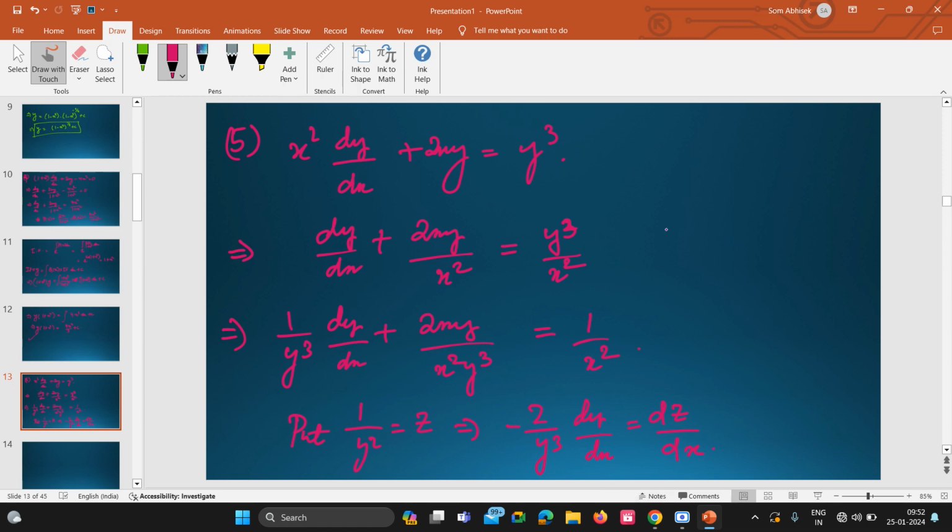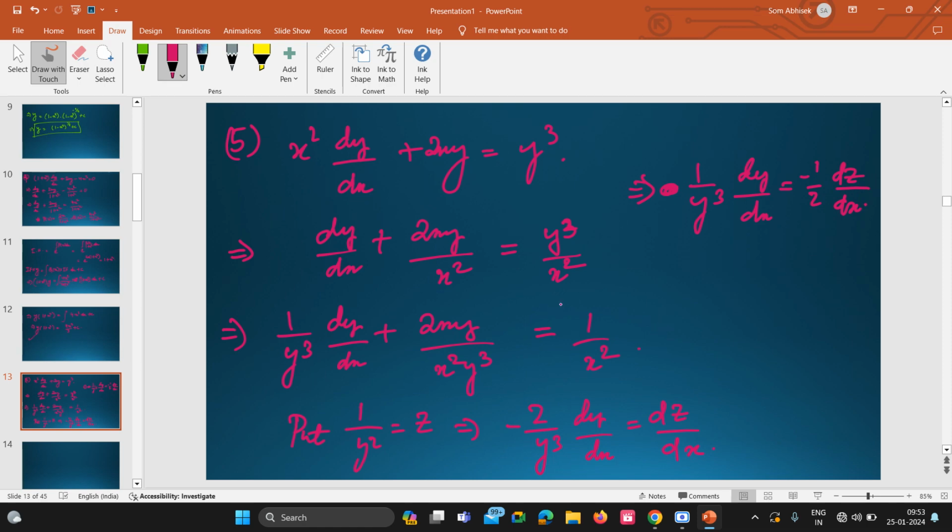So 1 by y cube dy by dx is equal to minus 1 by 2 dz by dx, isn't it? Is that correct?